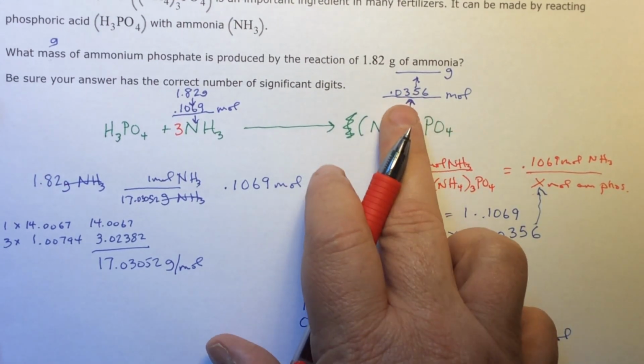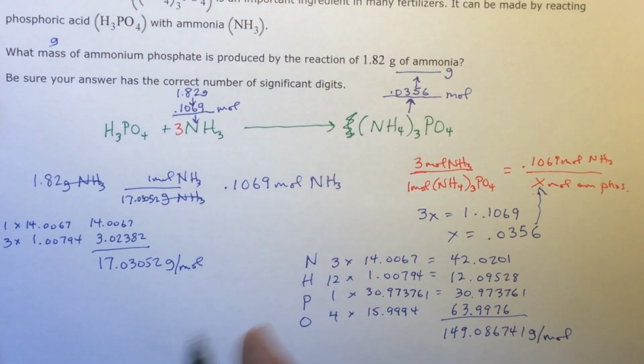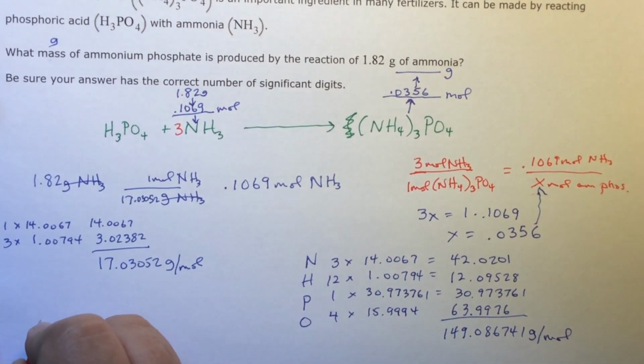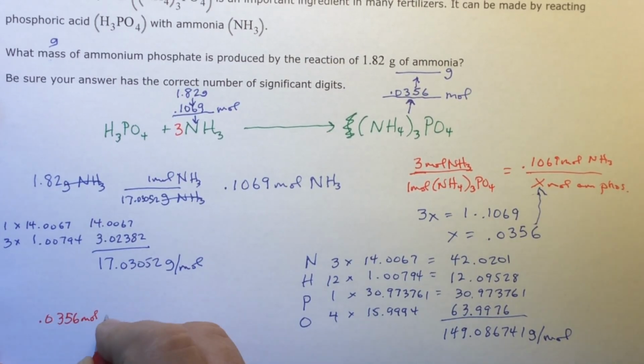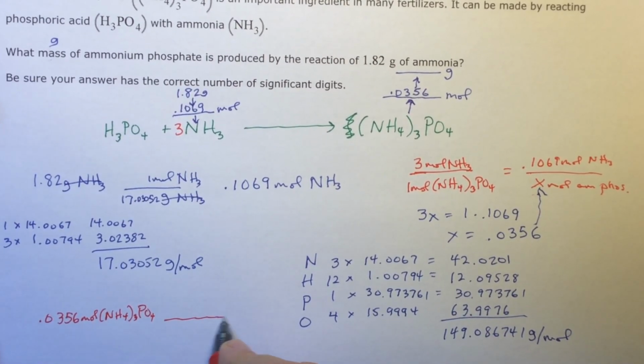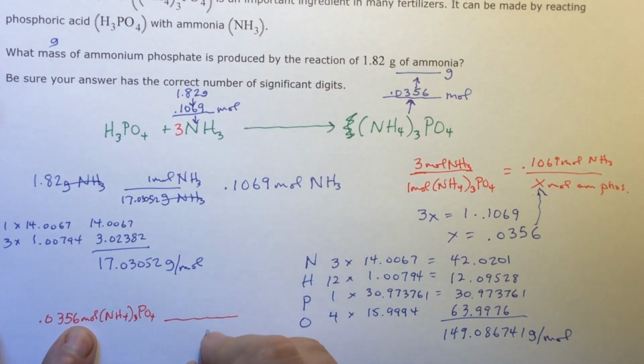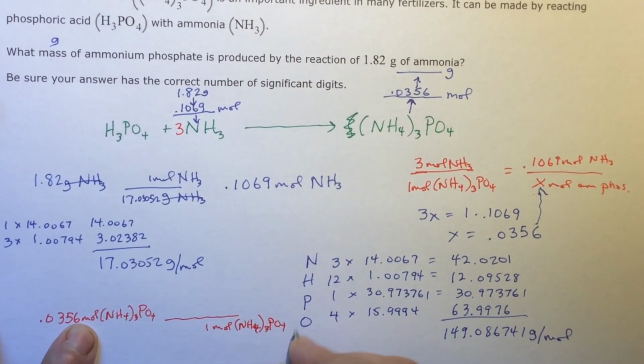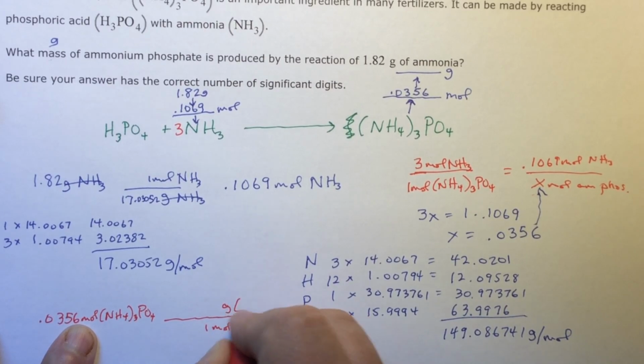So how many moles do I have? I have 0.0356 moles of ammonium phosphate. And now I've got moles here, so I want to divide by moles. In 1 mole of ammonium phosphate, I have how many grams of ammonium phosphate?